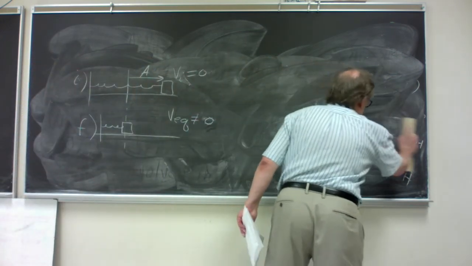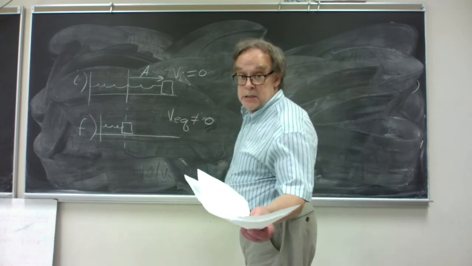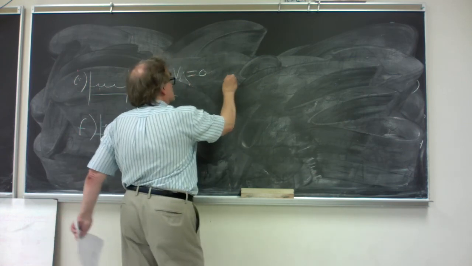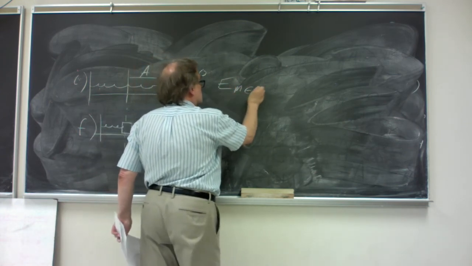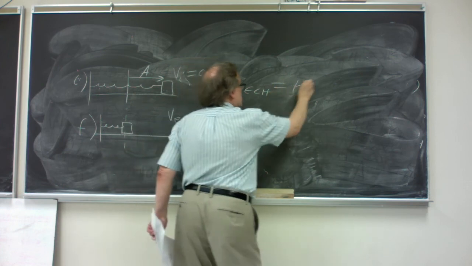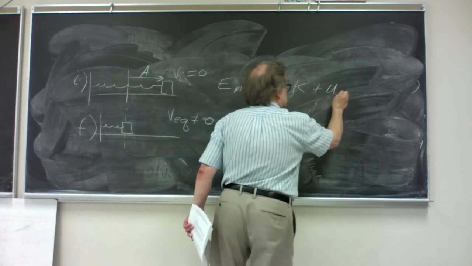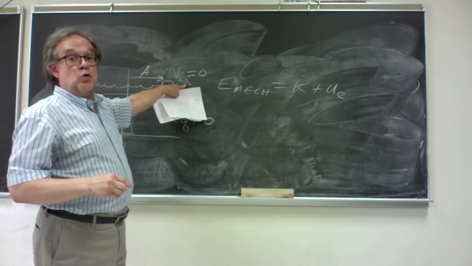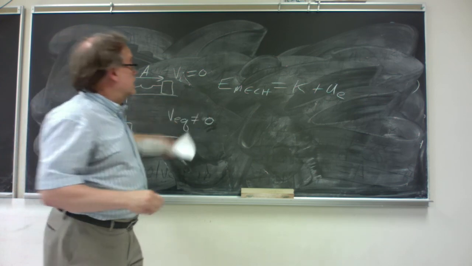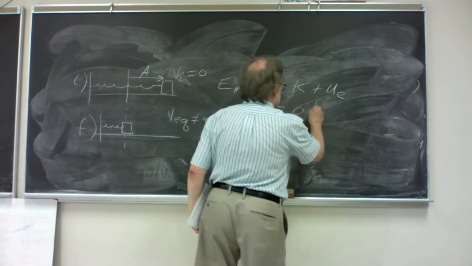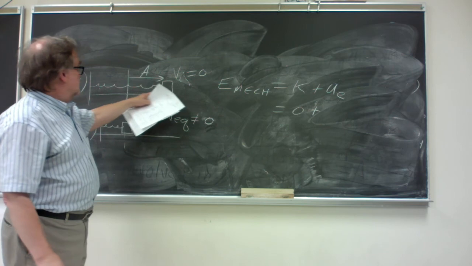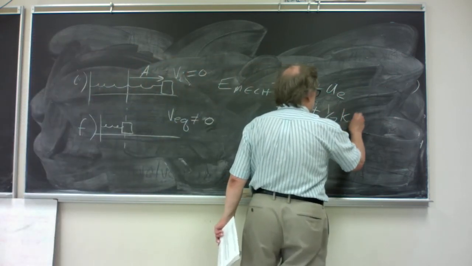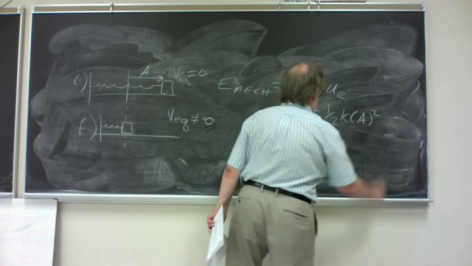Let's think about the mechanical energy, which is staying constant in this situation. Here at the beginning, as always, mechanical energy is kinetic plus potential. At the initial moment, the velocity is zero, so kinetic energy is zero. But there is potential energy because the spring is distorted, stretched, and that's 1/2 k displacement squared.